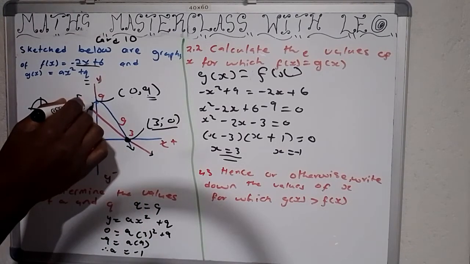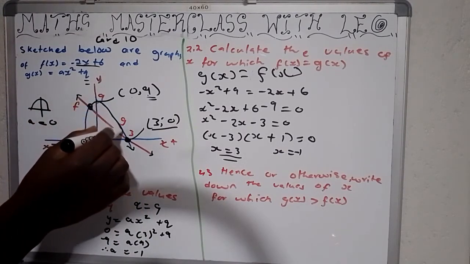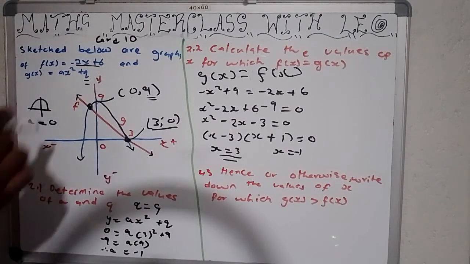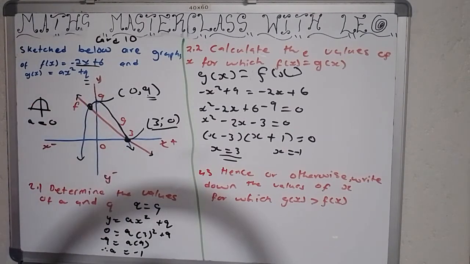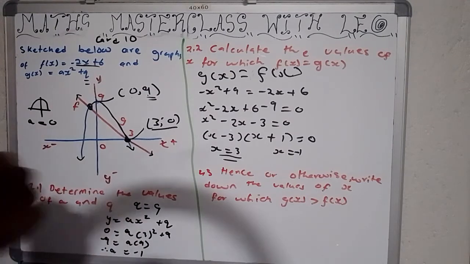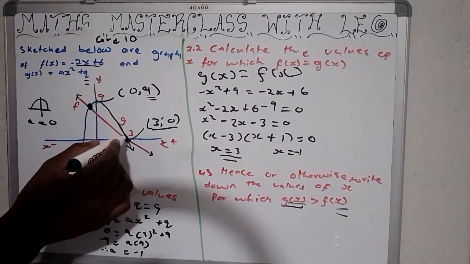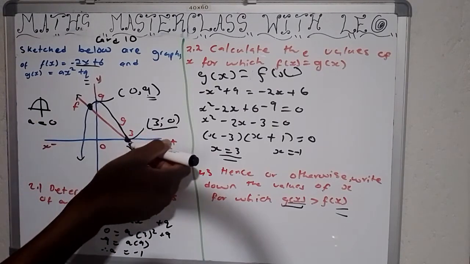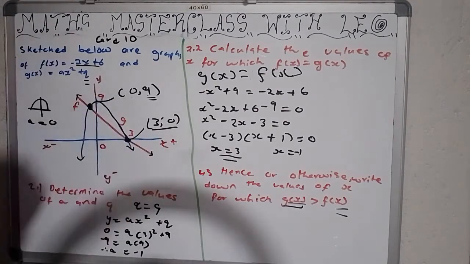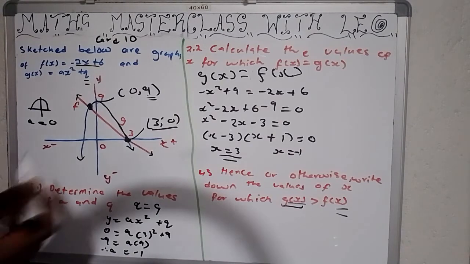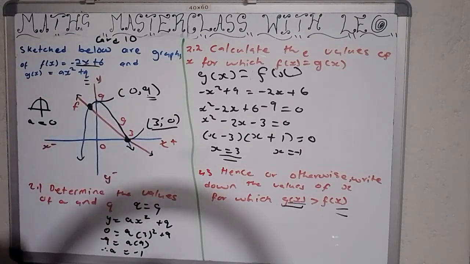From here, going up to this point, my g of x is bigger than my f of x. Outside these points, my g of x is below my f of x, and my f of x is above.